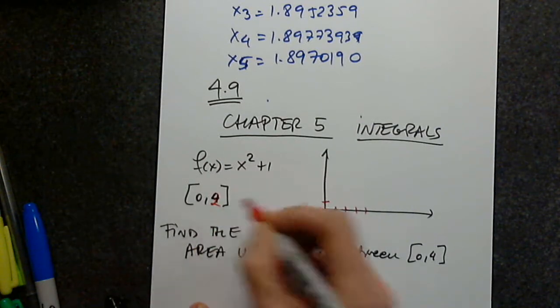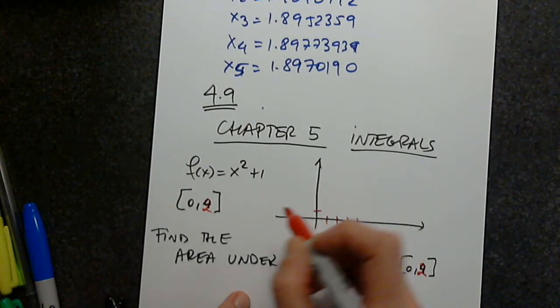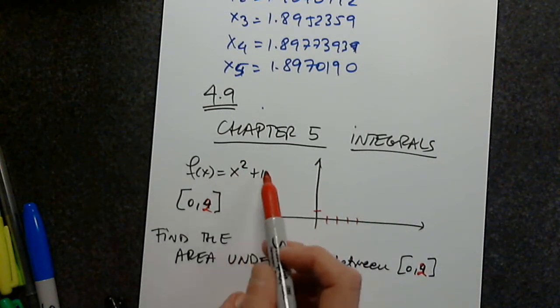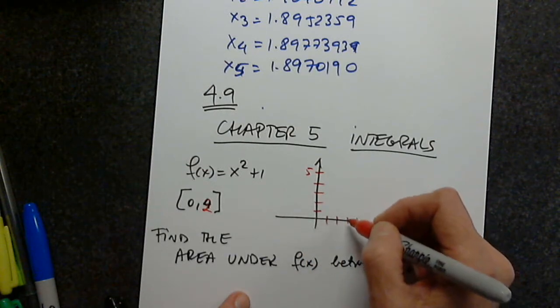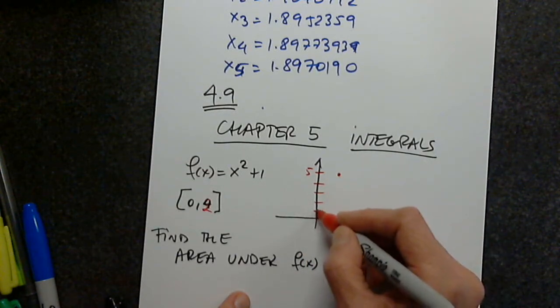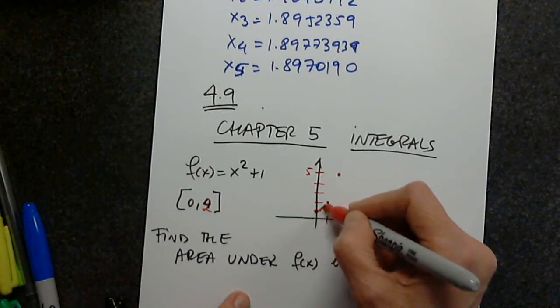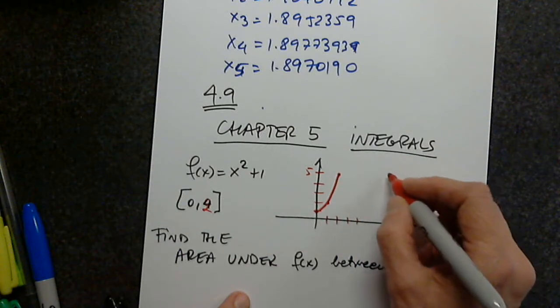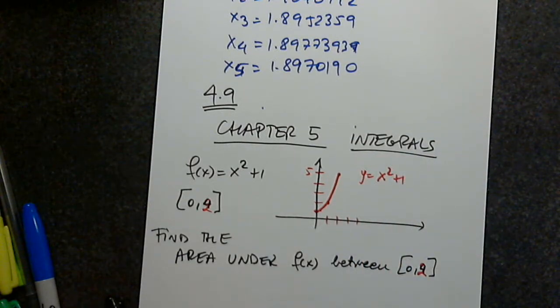Okay, 2. Good. So when x is 2, 2 squared plus 1 is 5. When x is 1, we have 2. So this is the graph of x squared plus 1 between 0 and 2.